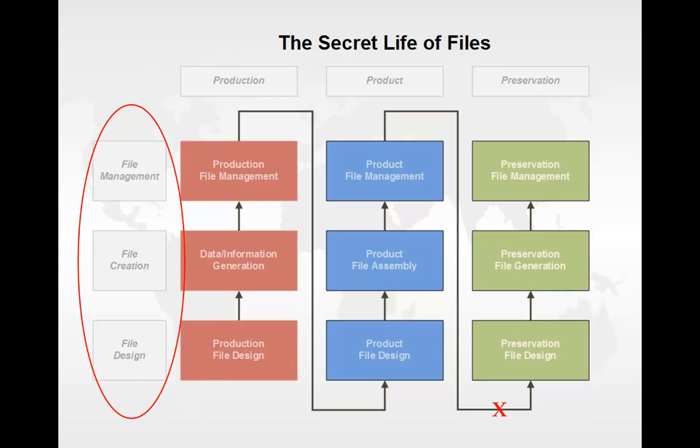The three stages of each phase in the lifespan of the file are represented here by this left-hand column. Let me walk you through this so hopefully I'm clear about what I mean by the phases and the stages.